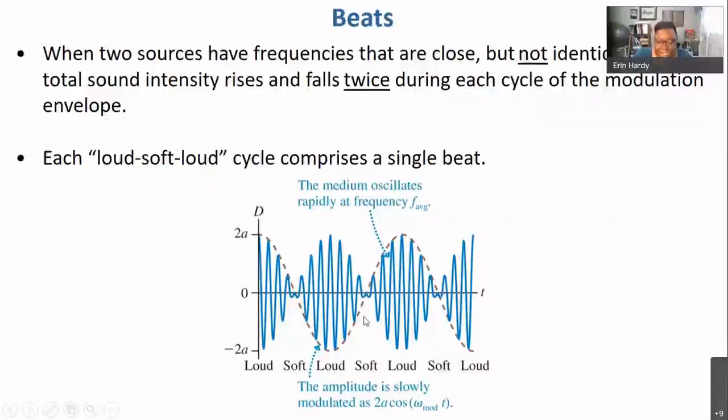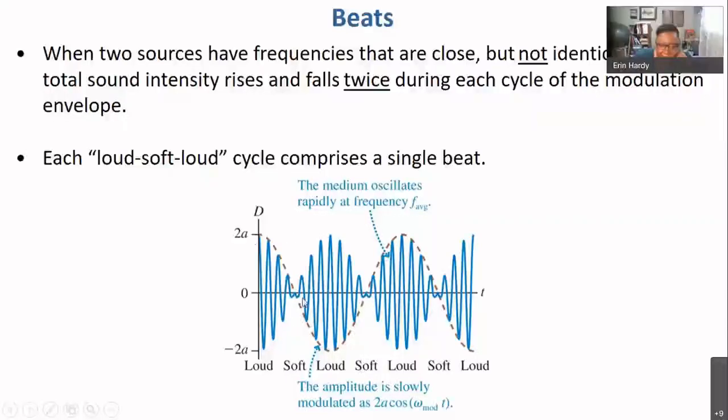But the underlying effect here is represented by this blue curve. So this is not just one tuning fork, but the combination of the two of them. There's an underlying period here that would match up with the average frequency between those two tuning forks. So if you had a 315 and a 317, that average would be 316.